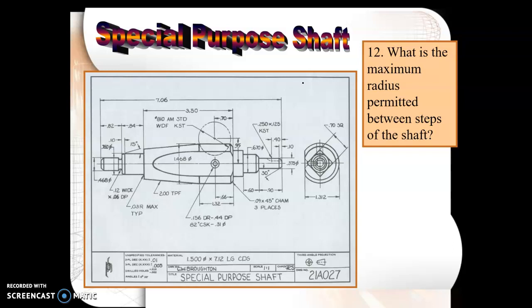So we would have to look all over the drawing, kind of scan it. And then hopefully your eyes eventually come to this note right here, which is indicating one of those steps has a 0.03 radius maximum typical. So that means that it applies everywhere where the radius or diameter steps down. So the answer there is 0.03.